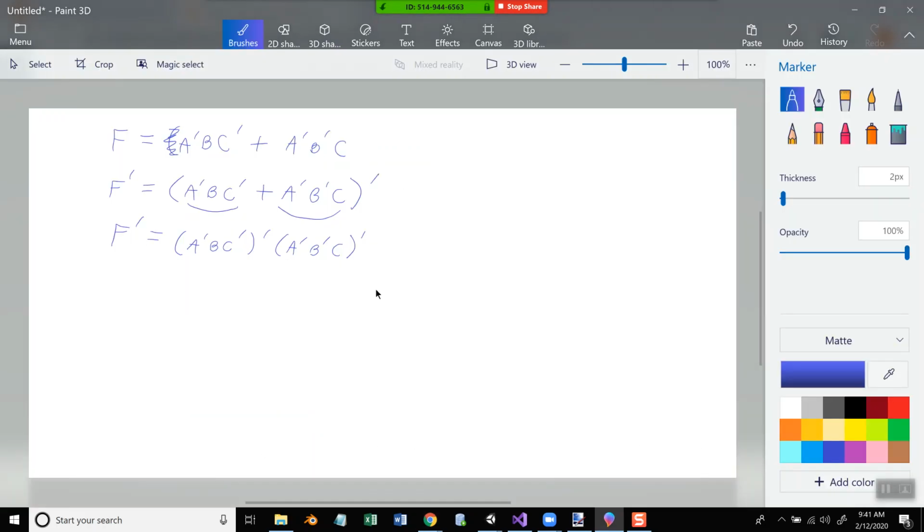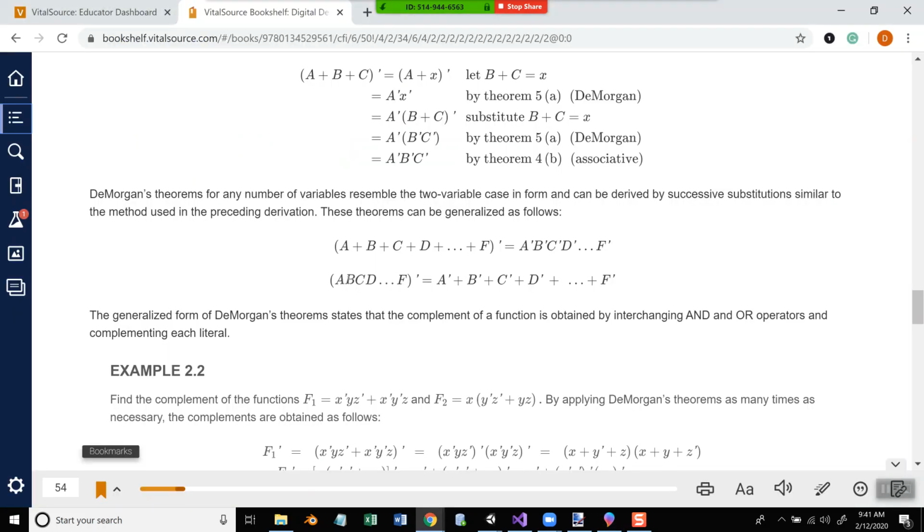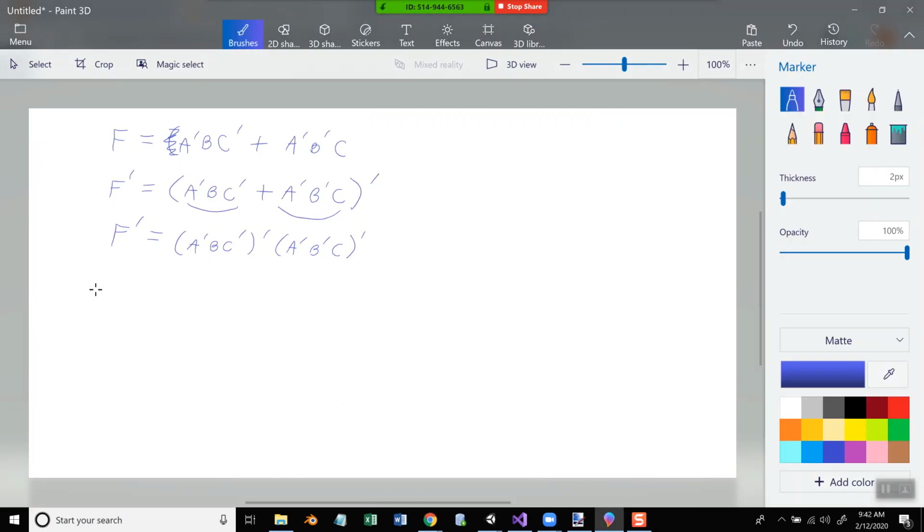Then, if you got multiple things inside with multiplication or ands, and you take the prime, you can rewrite it with addition, putting prime on each one. So this becomes a prime prime, plus b prime, plus c prime prime.